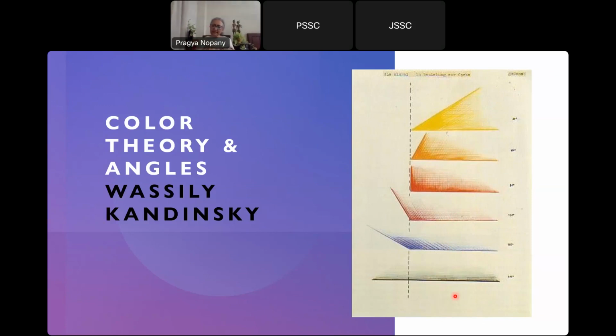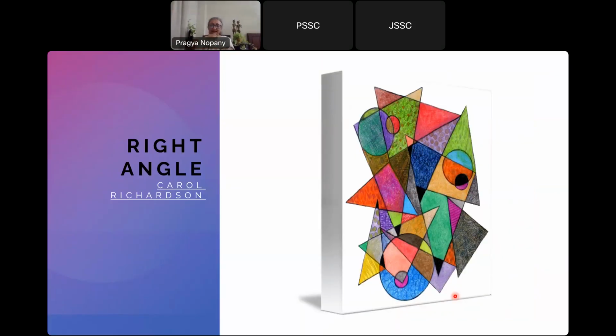So simple and elegant, but beautiful. Now, this is Carol Richardson, who is using only right angles. And she has named this artwork Right Angle Only. So you see, all the triangles are right angle triangles. There is at least one right angle in all the triangles that have been used here.